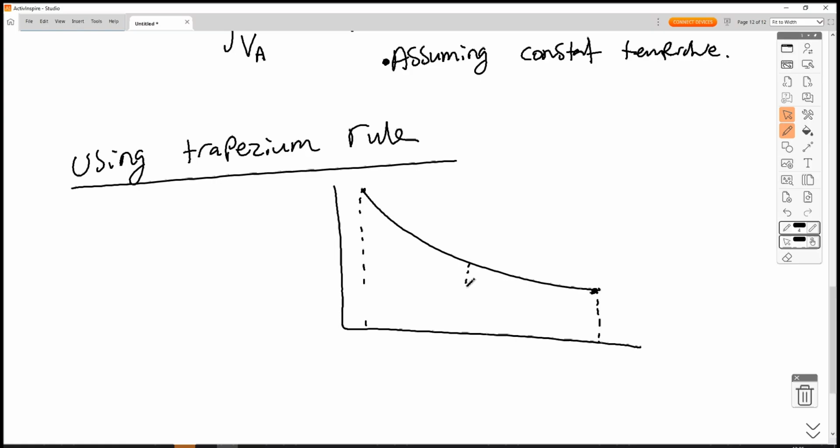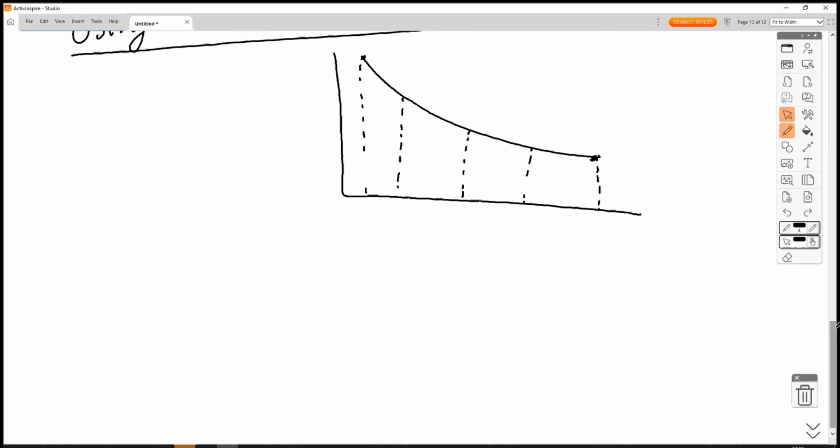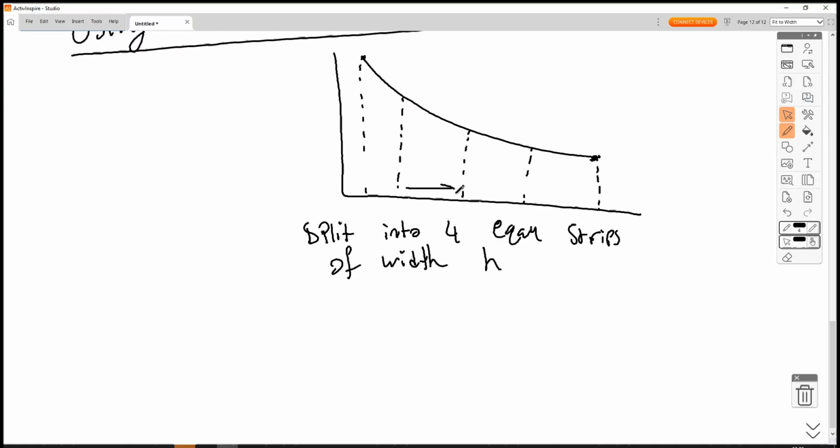So in this case, let's just say we split it into 4 equal strips of width h. So each one of these has a width of h.